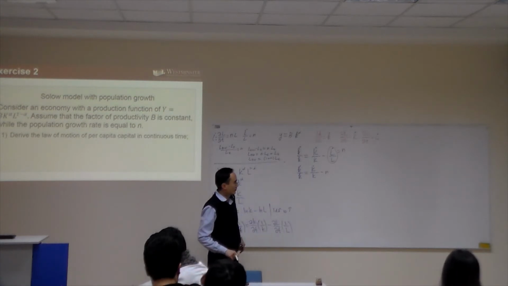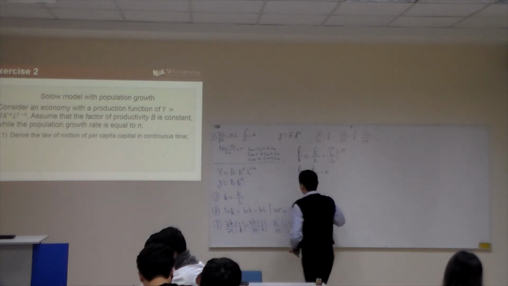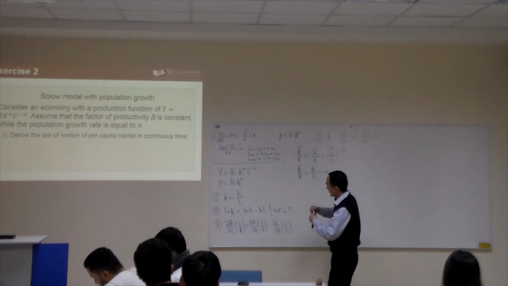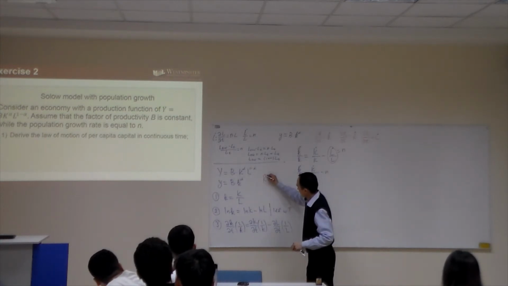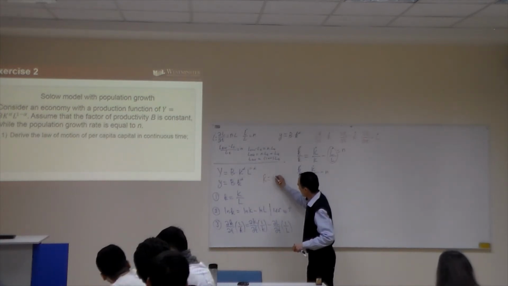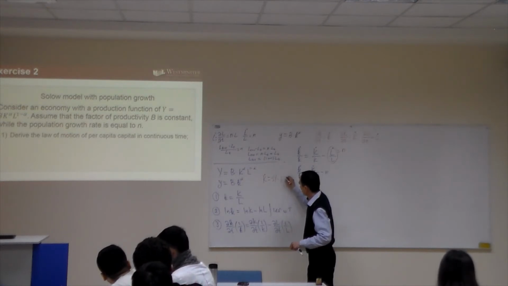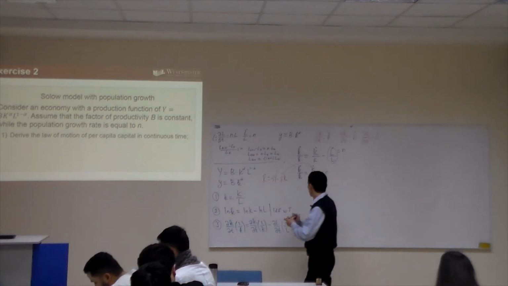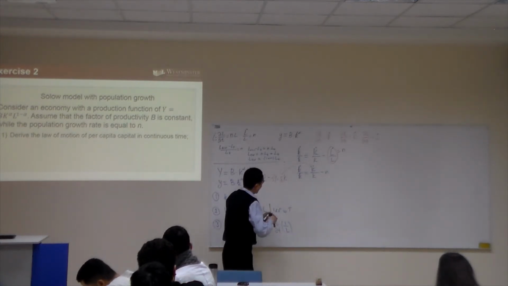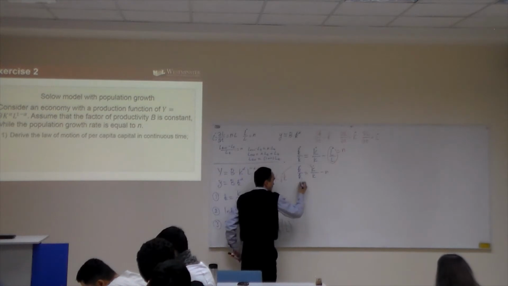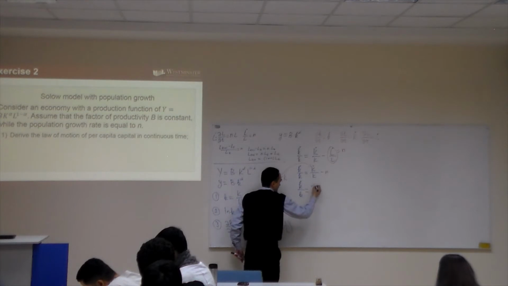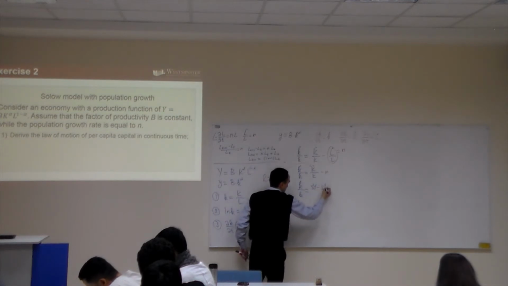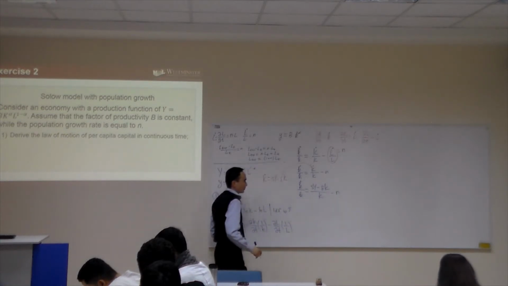So at this point, what did we do? We know that the change in capital stock is equal to investment minus depreciation. Now we apply it here again. Then we will get that the change in per capita capital over per capita capital is equal to investment minus depreciation of capital over capital stock minus the growth rate of population.